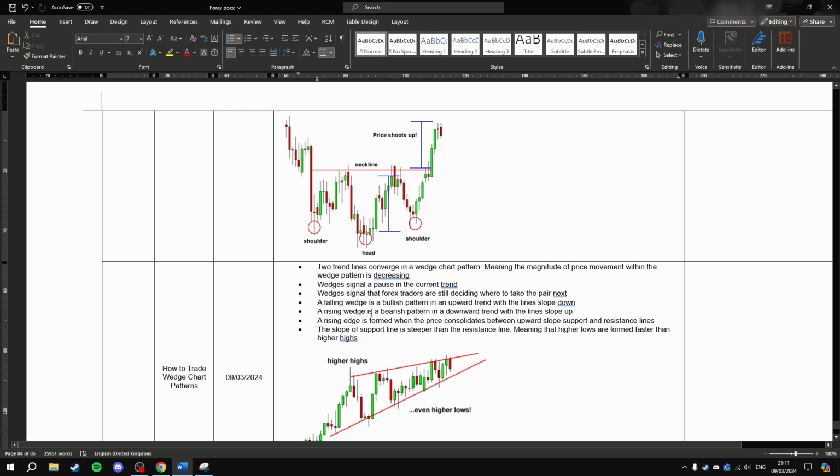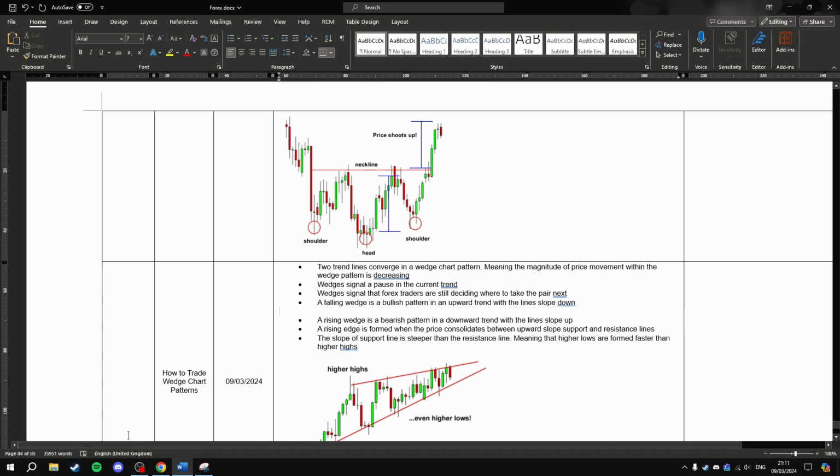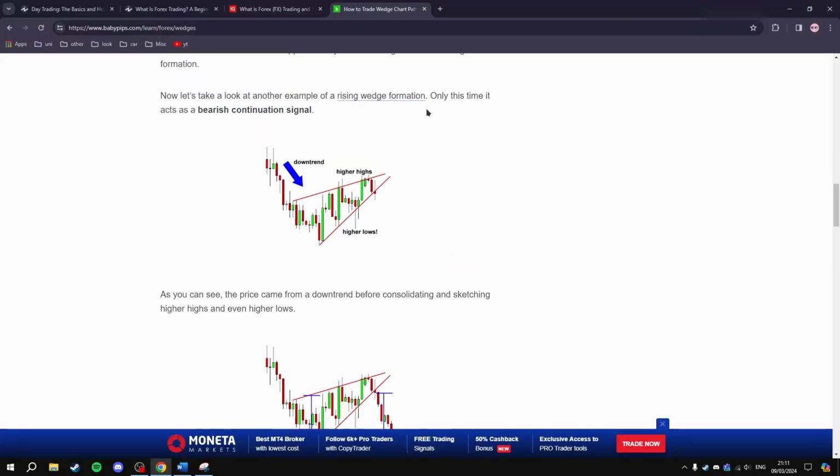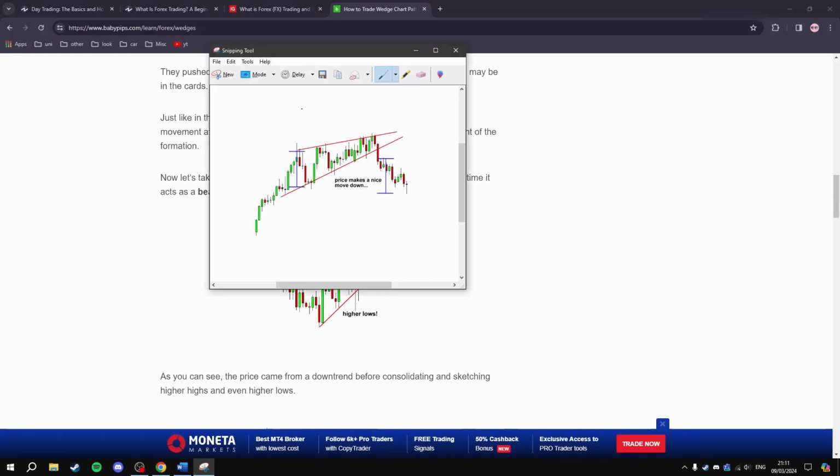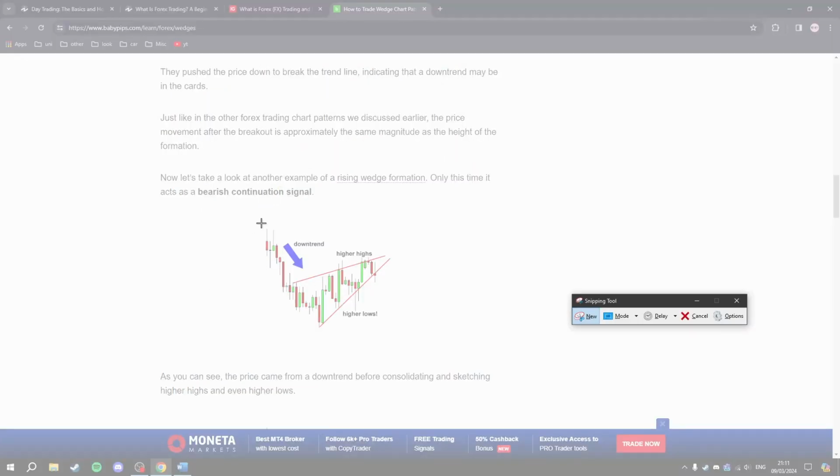A falling wedge, right? Yep. So this is a falling wedge.